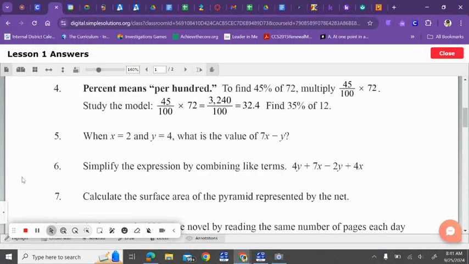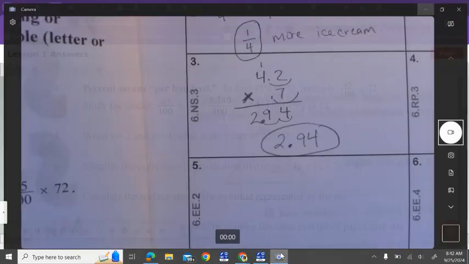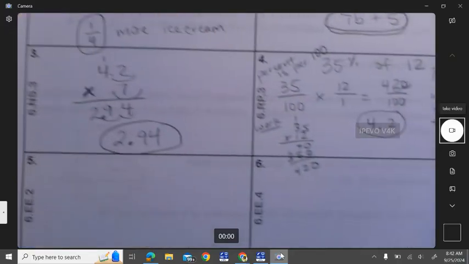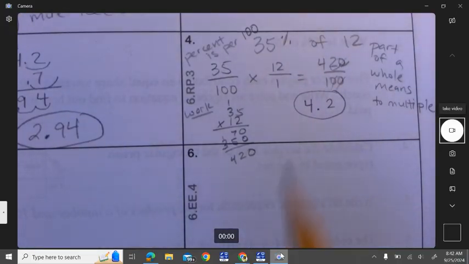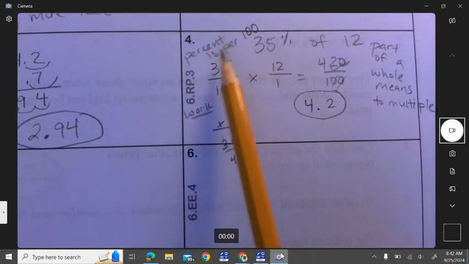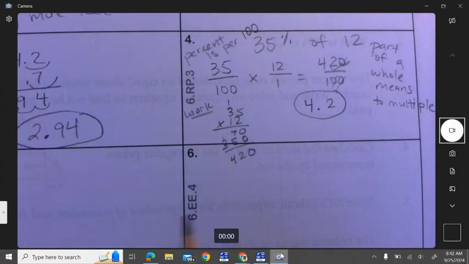Number 4 gives you an example. This is 6th grade. There's 2 main things you have to remember. The question says that they would like you to find 35% of 12. So one thing I would like you to remember is that percent means per 100, okay?